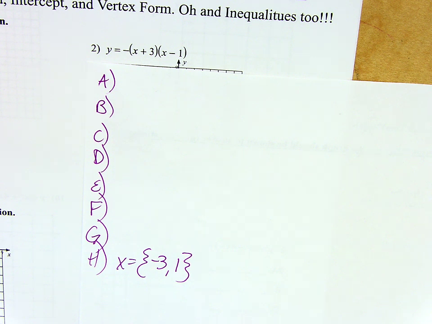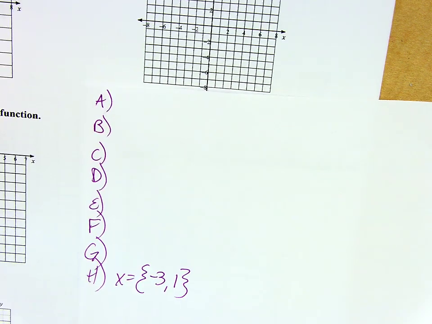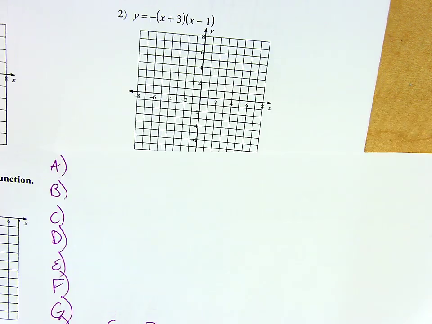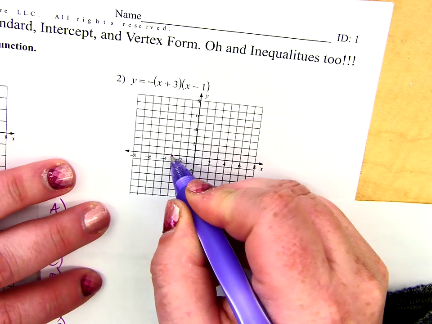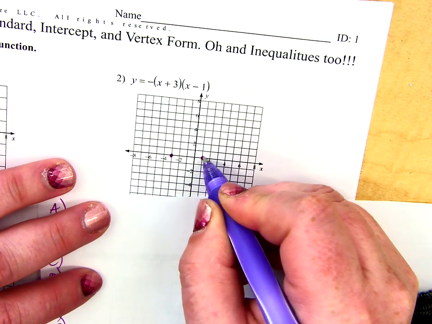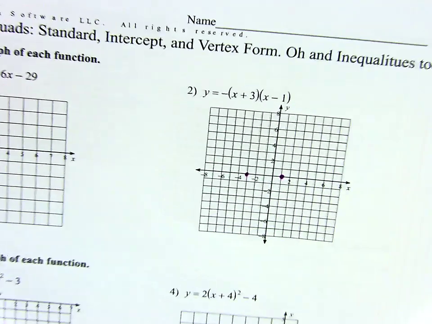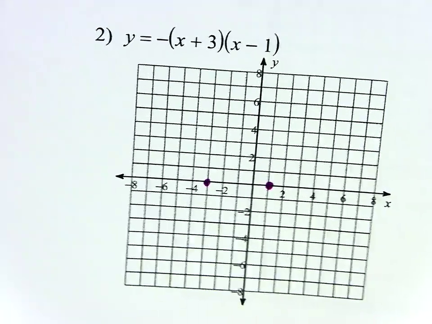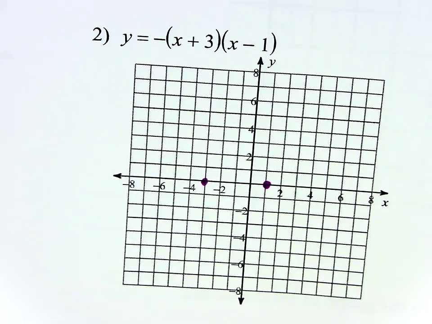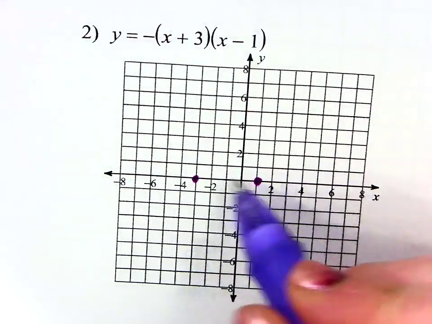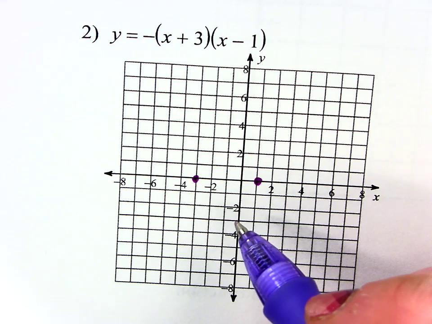Now, I do need to find my vertex, but I know something. It might be helpful to at least plot those two: negative 3 and positive 1. Where must my vertex be? Exactly, the vertex has to be halfway in between those two x-intercepts.